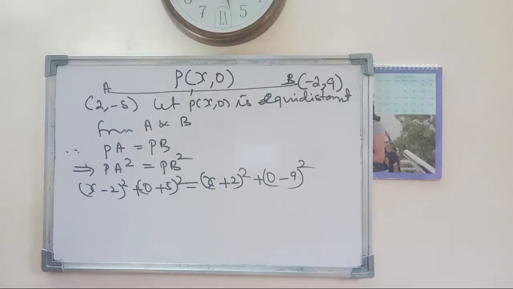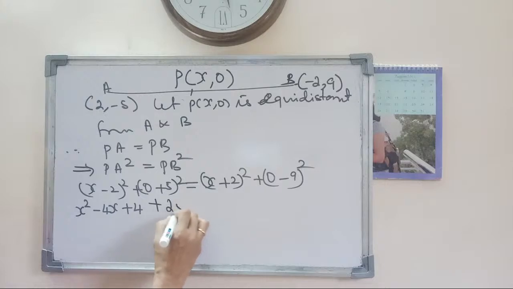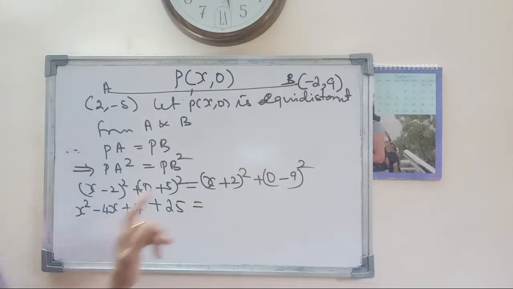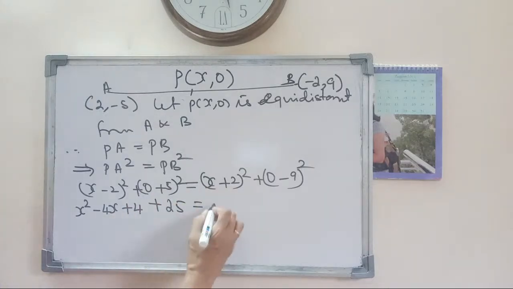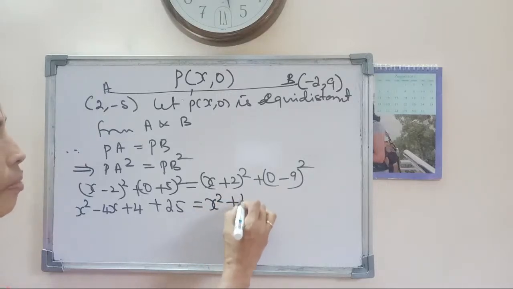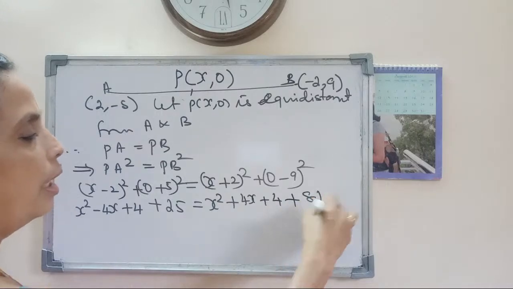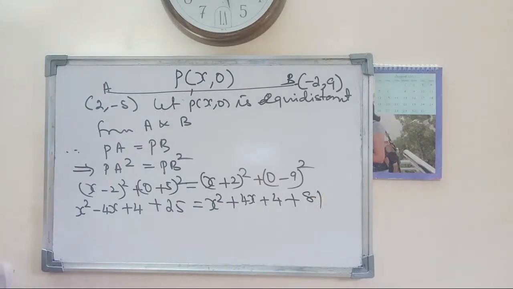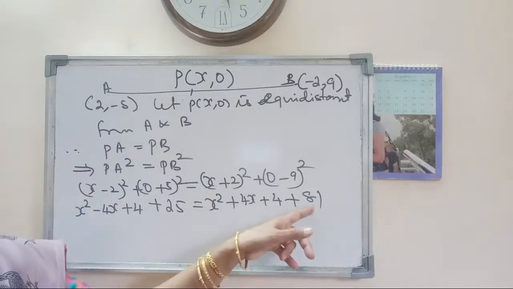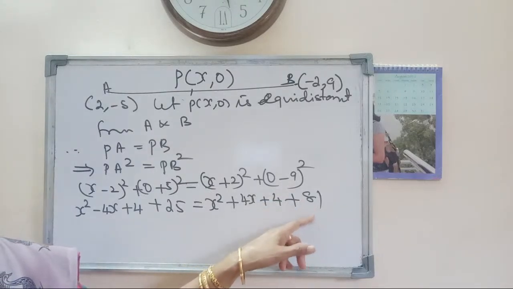Now further expand (x minus 2) whole square as a square minus 2ab plus b square, plus 25. Now RHS, you expand a square plus 2ab plus b square, and minus 9 square is plus 81. This you have to keep in mind. Don't write minus 81 here.